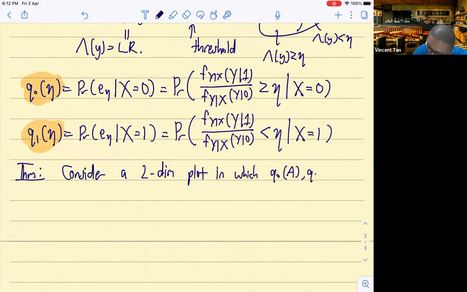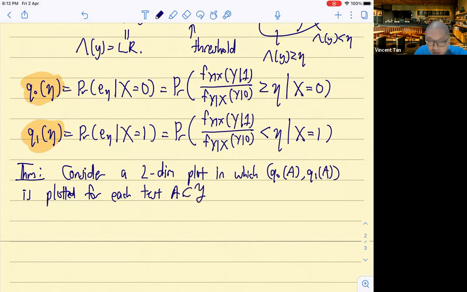In which Q0 of A and Q1 of A are plotted for each test A. Remember that a subset A of Y yields a particular test. Among those tests, we likely have threshold tests, but we're going to talk about those later.